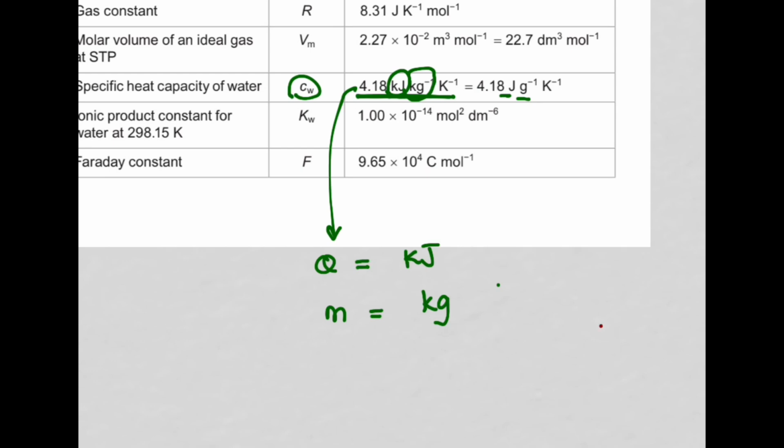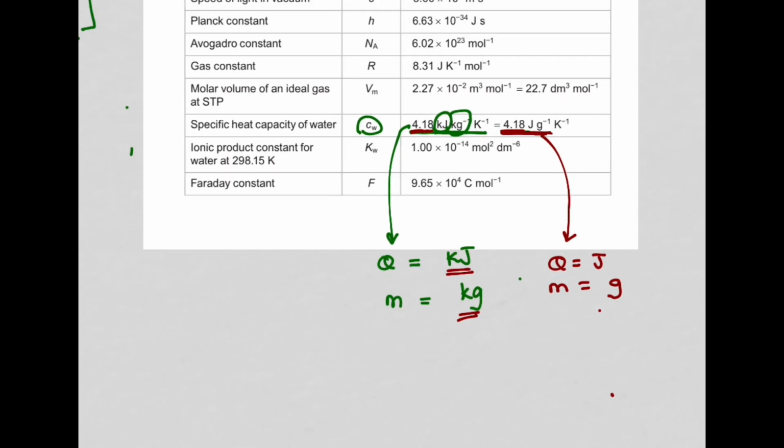If you're using the joule per gram per Kelvin unit, then the Q will be in joules and the mass will be in grams. You just have to be very careful with the units. For now, it doesn't seem to make a lot of difference because the value of C is the same. But when you look at the question, the units of Q and the units of m will make a difference. So you have to be very careful.